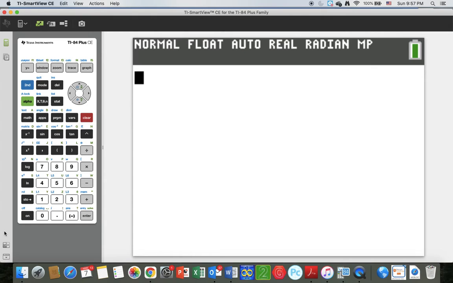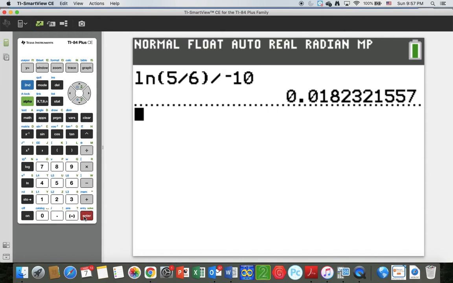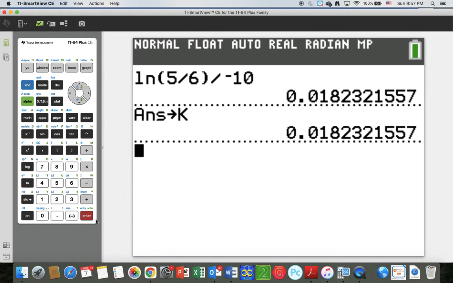And we took the natural log of 35 divided by 42, which is the natural log of 5/6, okay, and then divided by negative 10, and you get that number. Now, we are going to store that number in alpha K. Store is right here by the number 1. That number now is always K.